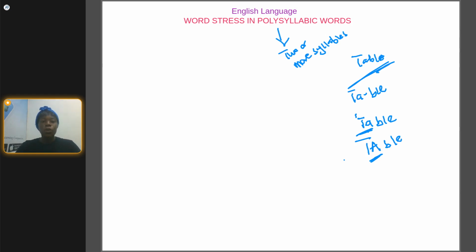So when you talk about polysyllabic words, it means you're talking about words with more than one syllable, or words with two or more syllables. That's what we mean by polysyllabic words. Examples: just like I gave an example, you have table, music, window, cotton, two syllable words.